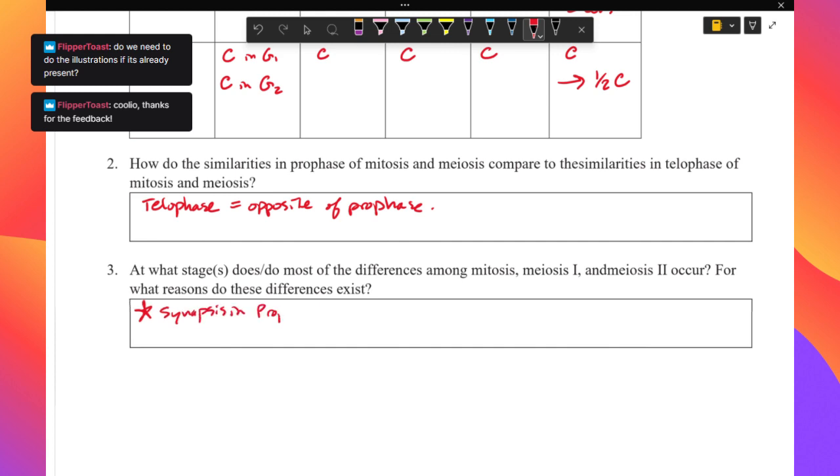Synapsis in prophase 1 causes most of the differences. Synapses are what allow the members of homologous pairs to separate to opposite poles, and that reduces the chromosome number at the end of meiosis 1 to half that of the original cell. The synapsis in prophase 1 is what causes most of the difference.